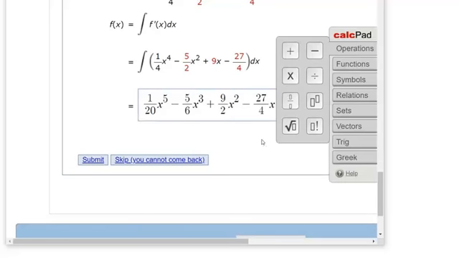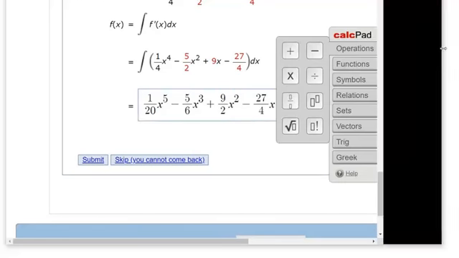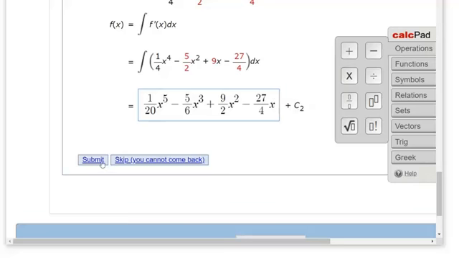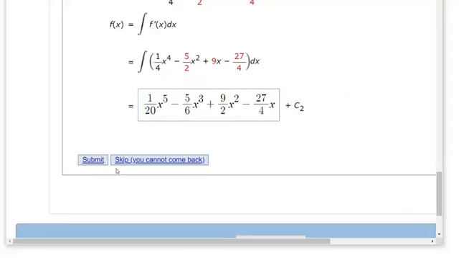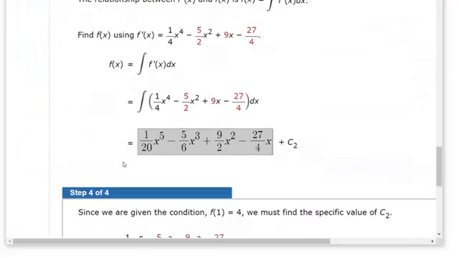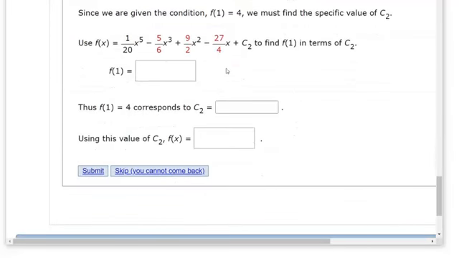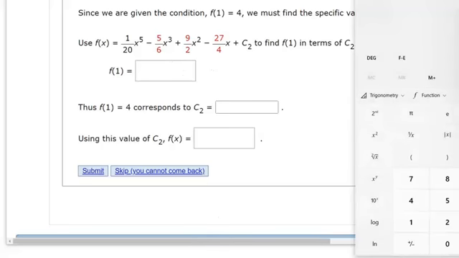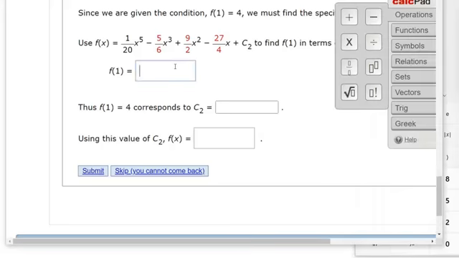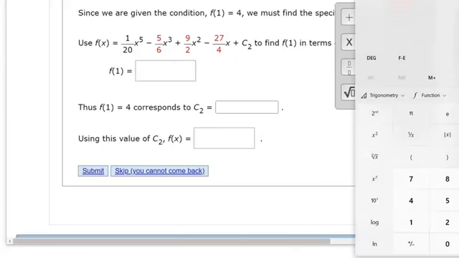Okay, so we don't need to type a constant. And then they want you to do the same thing. Plug in 1 in here. I'm going to try to do some quick fraction work, but we're plugging in 1 everywhere where we see an x. Oh, man, that's just so much fraction, so little calculus.